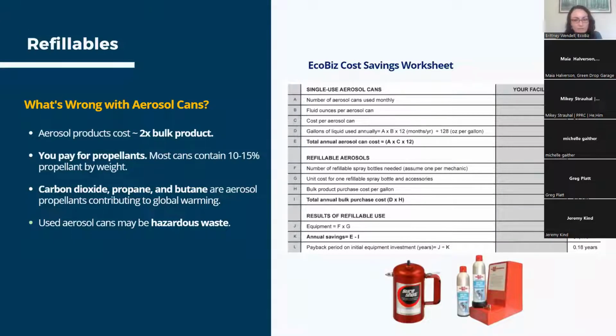If you're using aerosols, once you find a less toxic, safer formulation, it's good to work with your suppliers to provide the formulation in bulk for refillables.